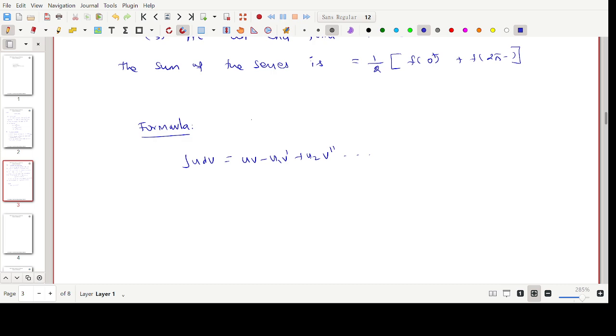When should I use the Bernoulli formula? I have to choose a suitable u function such that the successive derivatives converge to 0. Only then can I use the Bernoulli formula.